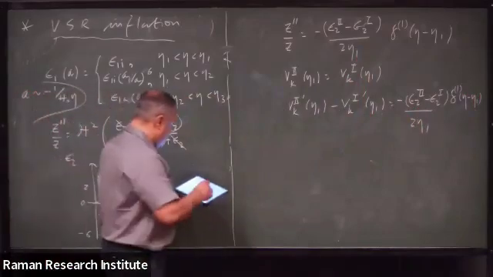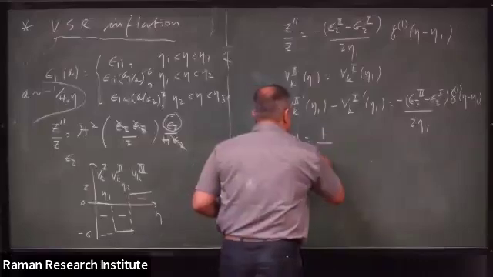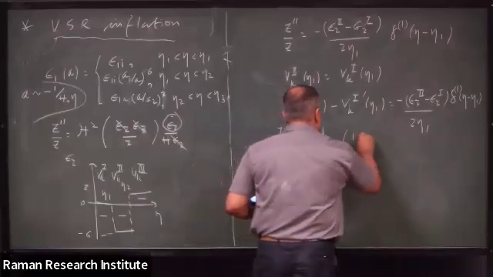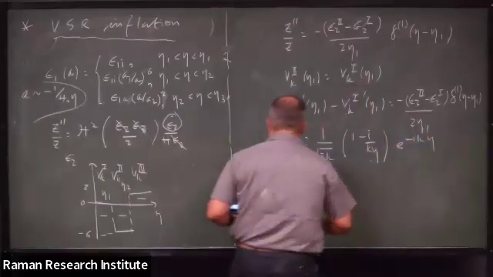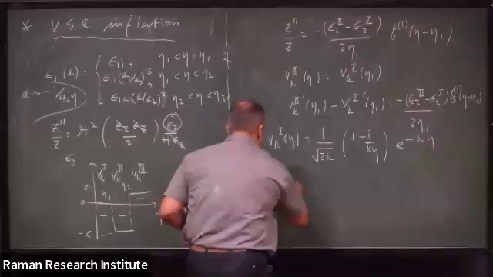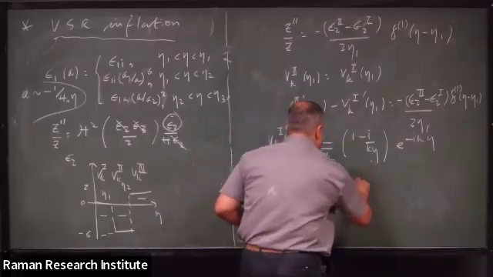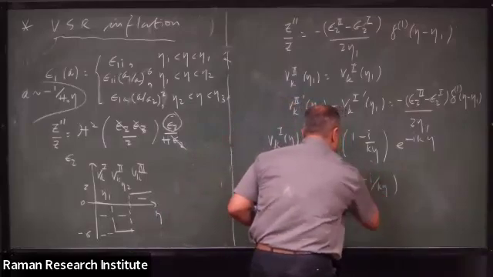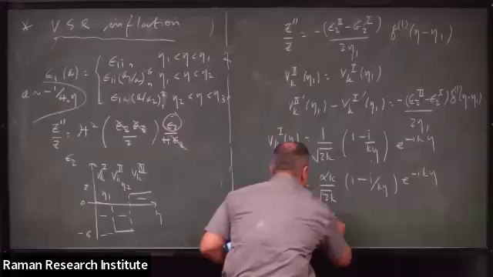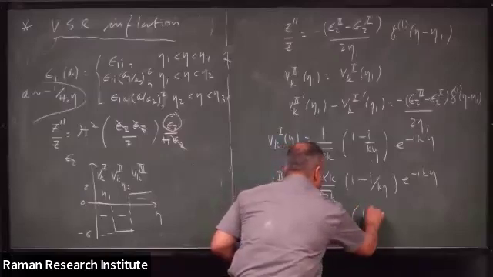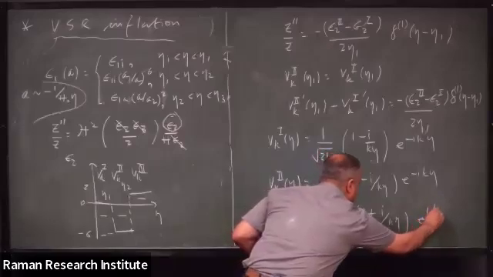And what are the solutions in the two domains? It so happens Vk1, as you may have guessed, is slow roll. So I have 1 over root 2k, 1 minus i by k eta, e power minus i k eta. Okay, and Vk2 of eta is some alpha k by root 2k, 1 minus i by k eta, e power minus i k eta, plus beta k by root 2k, complex conjugate, 1 plus i k eta, e power i k eta.